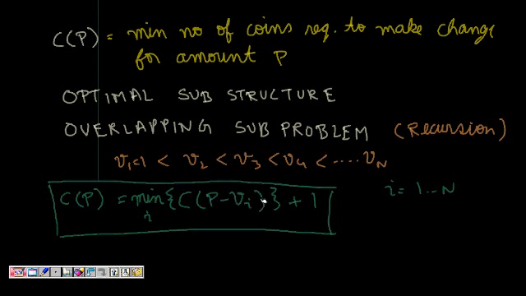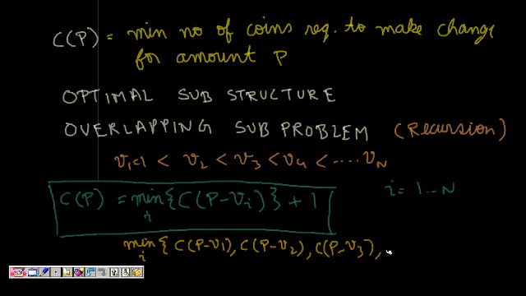If the last coin is V3, then it means I'm using one V3, and then I have to have optimal change of C of P minus V i. If we expand this formula, it is the minimum of C of P minus V1, C of P minus V2, C of P minus V3 till C of P minus Vn, plus 1.